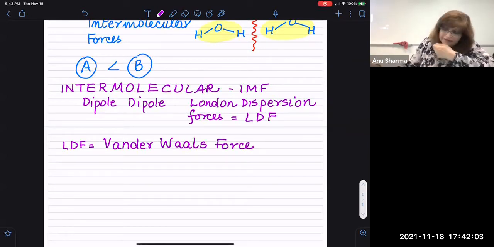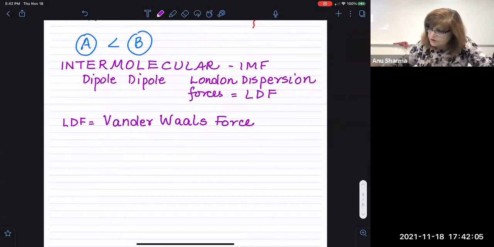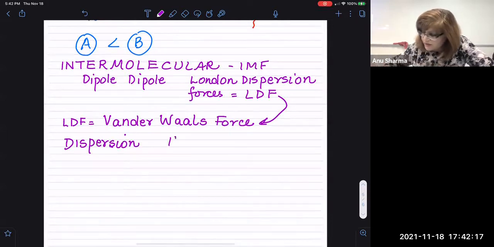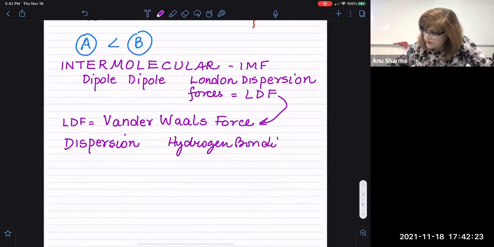Besides London dispersion and van der Waals, which are basically the same, there are also simply called dispersion forces, which we'll look into. And then there is hydrogen bonding, for which I'm going to use the short form HB.